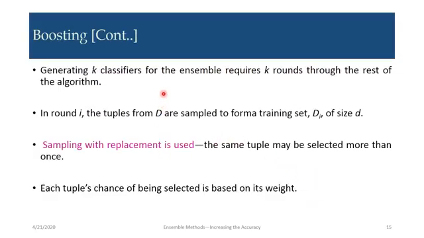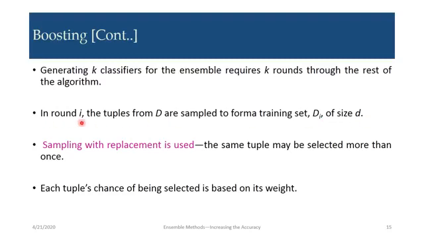Now generating k classifiers for the ensemble requires k rounds through the rest of the algorithm. In round i, the tuples from D are sampled to form a training set Di of size d.